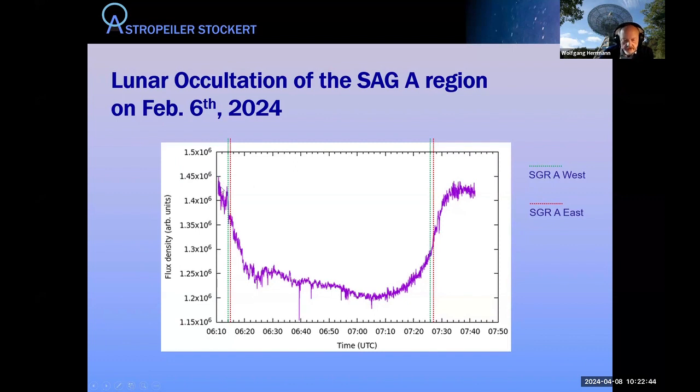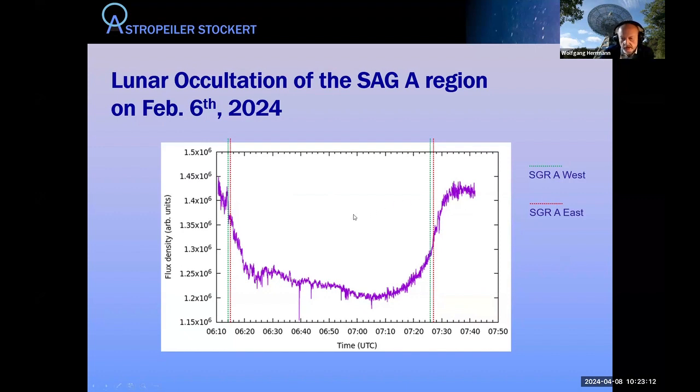You see the same thing, that the signal drops at the expected time of the disappearance of the two sources. They are so close to each other that we cannot distinguish them. And then they come up again. So it's the same behavior essentially as we have seen from the Crab Nebula.